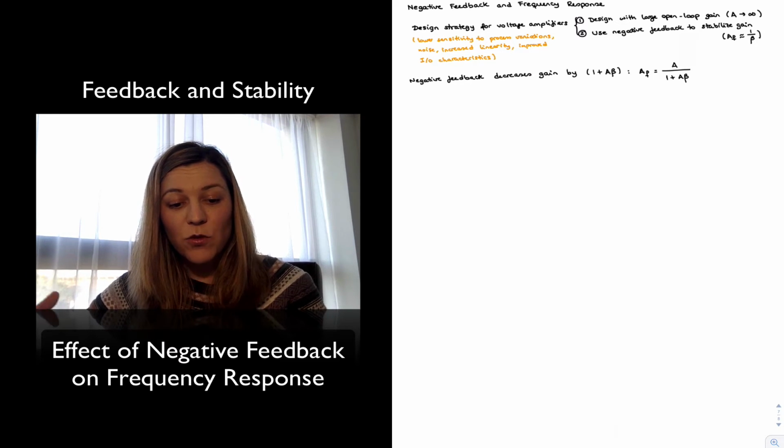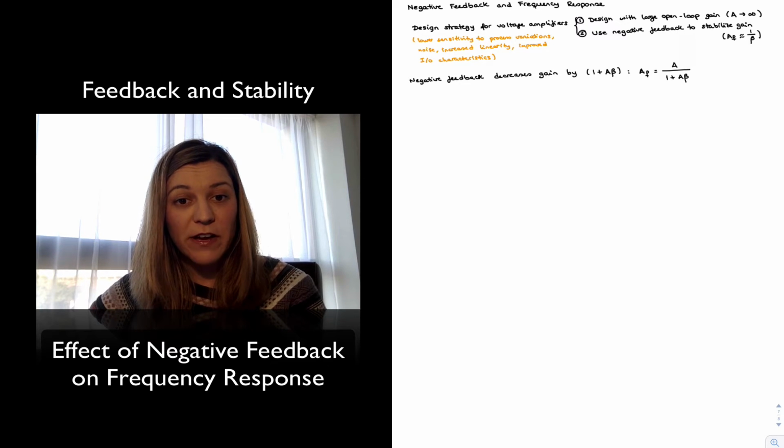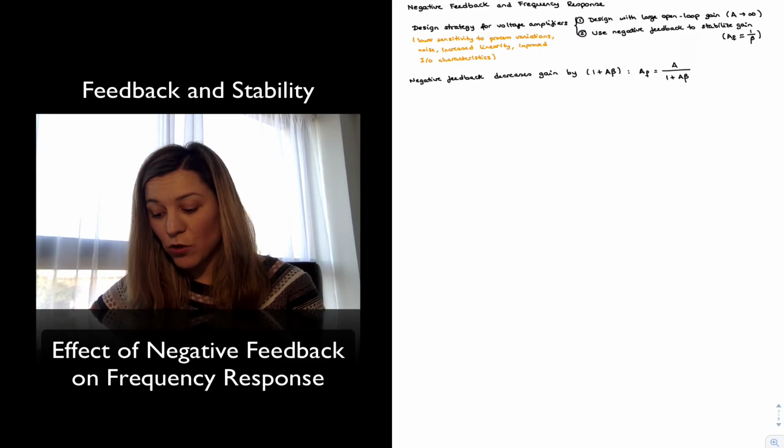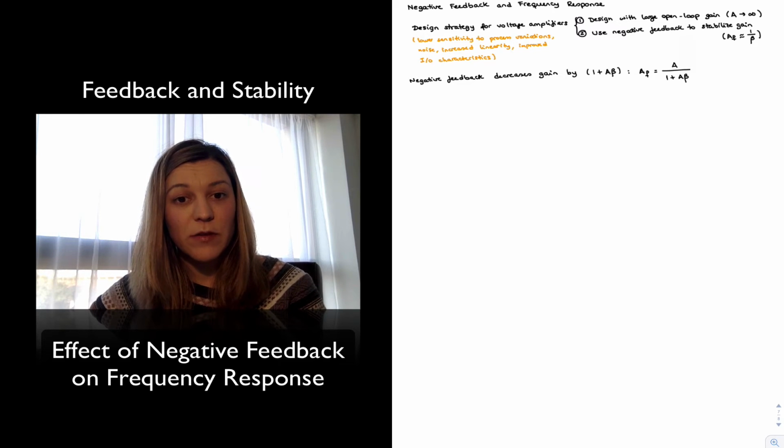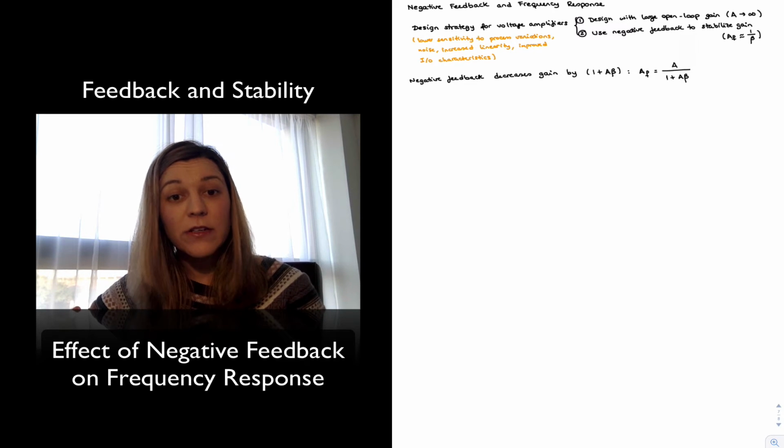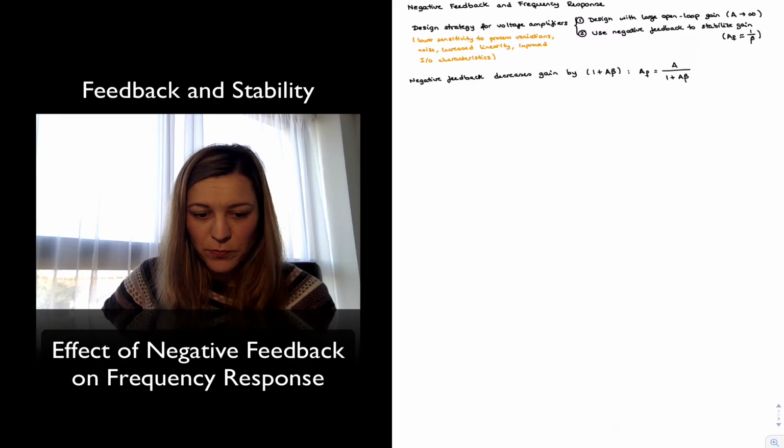But essentially what it's going to do is negative feedback is going to increase the bandwidth of your amplifier by an amount which is also 1 plus A times beta, the amount of feedback. And so we are decreasing the gain, but increasing the bandwidth by the same amount.